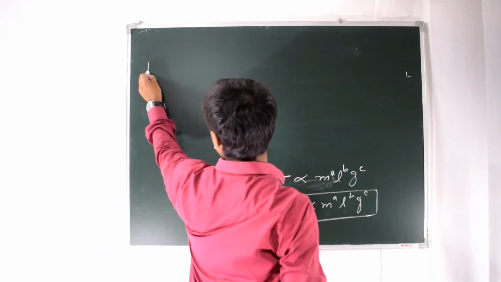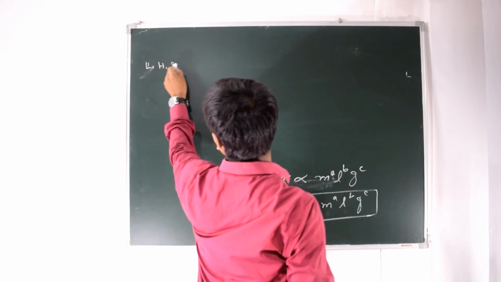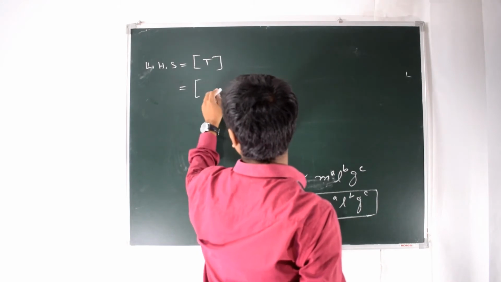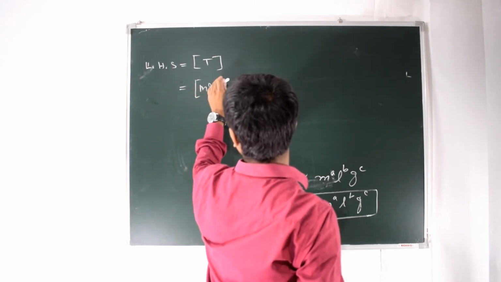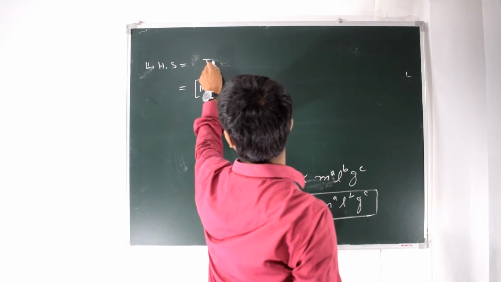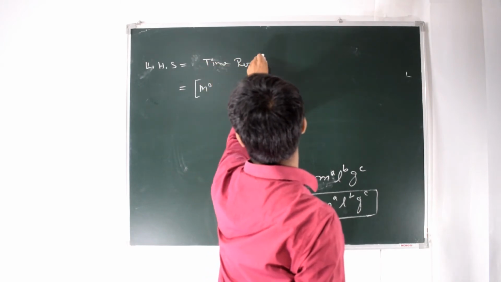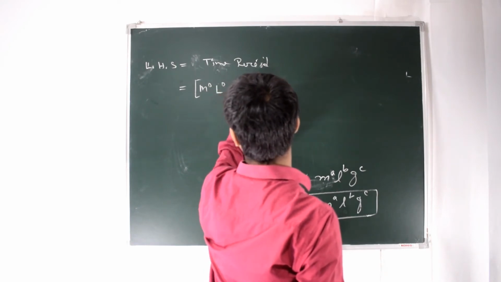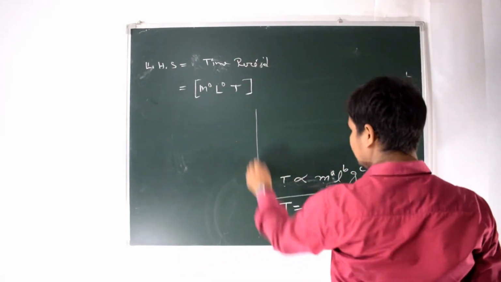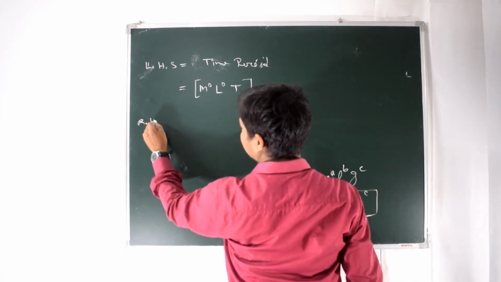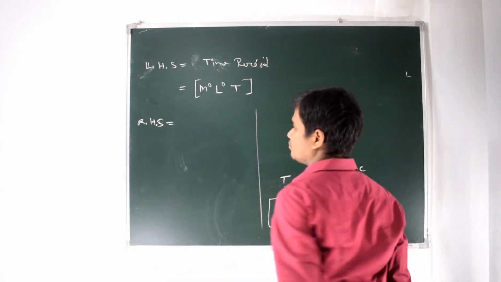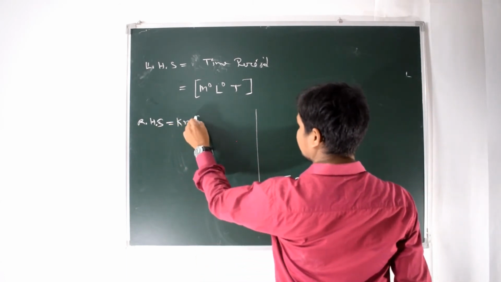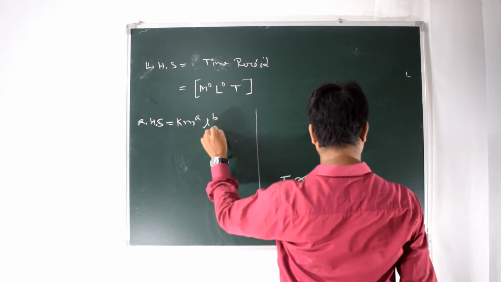Okay, left hand side is the time period. So the dimension of time period is M^0 L^0 T. Now the right hand side is K m^a l^b g^c.